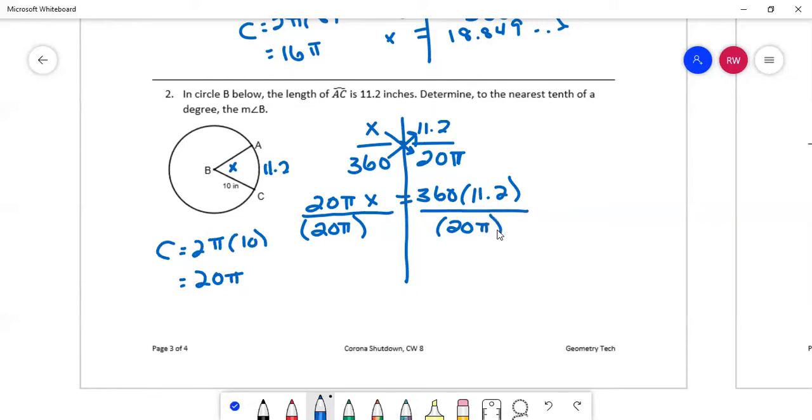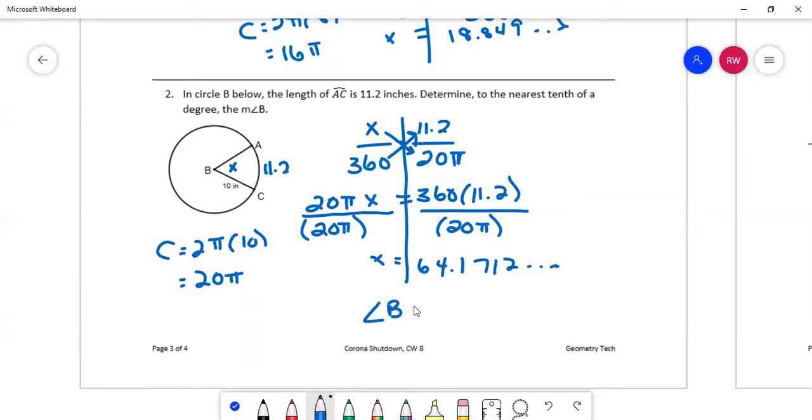In my calculator, using calculator voice here, we do 360 times 11.2 divided by parentheses 20 pi, close the parentheses, and I get x is equal to 64.1712 and so on, and we want to find to the nearest tenth of a degree.